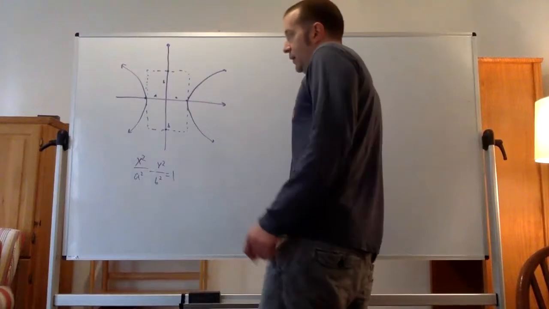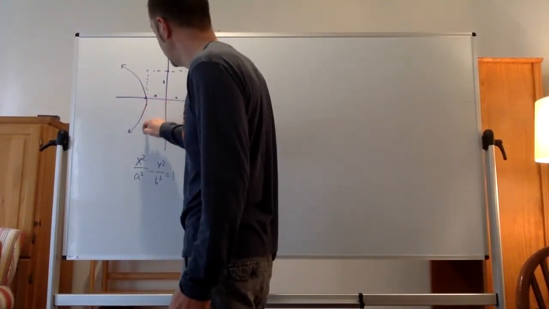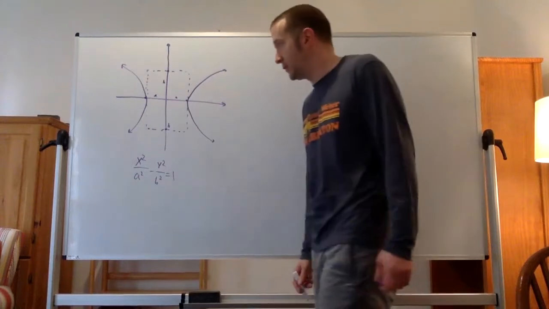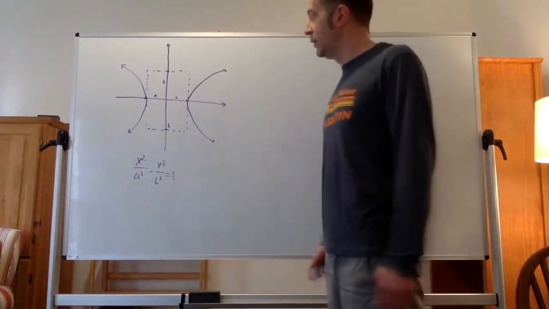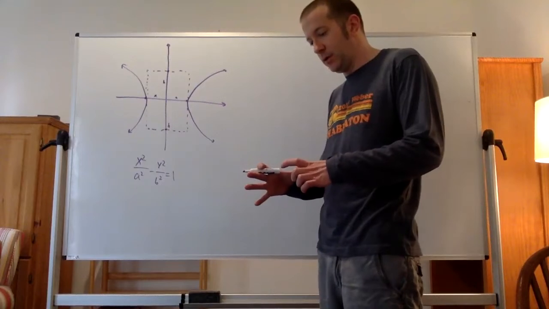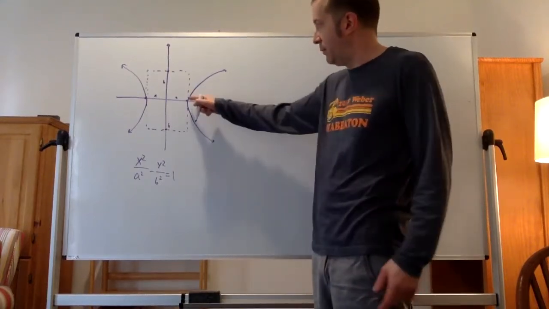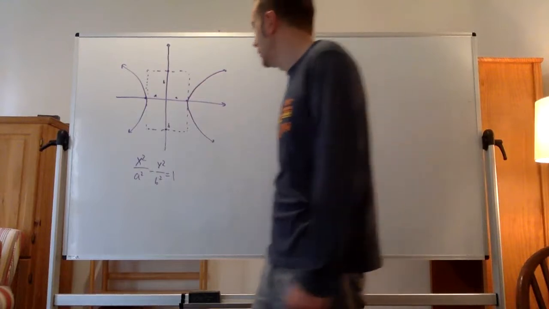Drawing that rectangle is really important because it helps us graph the hyperbola, and it's going to help us find the asymptotes. The asymptotes are, as before, lines which the graph of the hyperbola gets closer and closer to as x goes to positive or negative infinity.